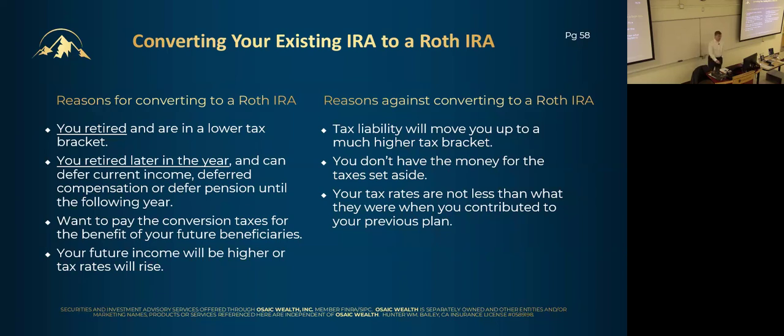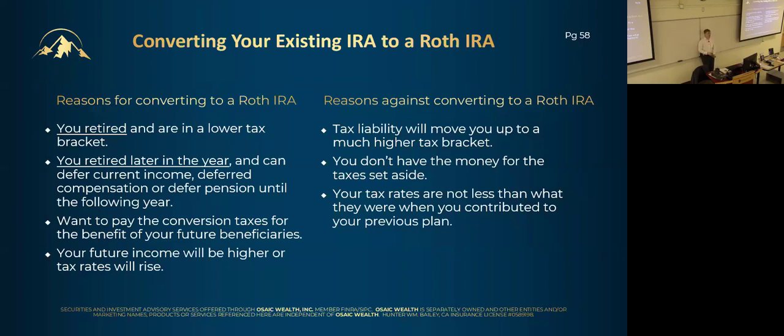Yeah, exactly. So the other thing, and this is an important one, is if you don't have the money for the taxes set aside. Roth conversion sounds great, but you need extra money in your pocket to pay for the tax liability, because every single dollar that comes out of your traditional IRA needs to go to the Roth IRA. You can't withhold some of it and pay the taxes with that.